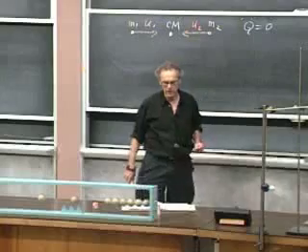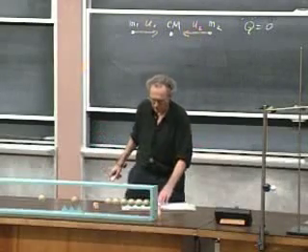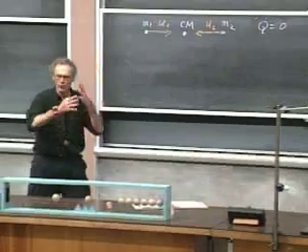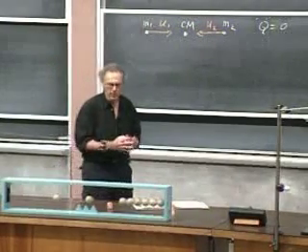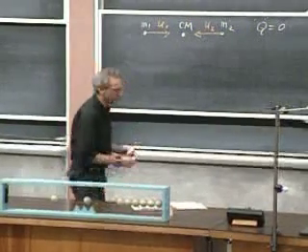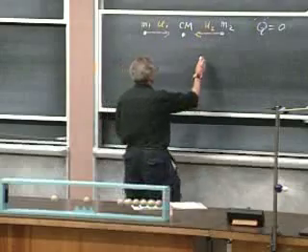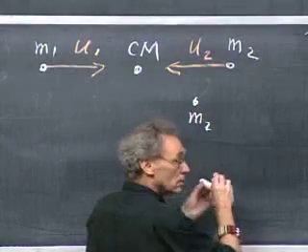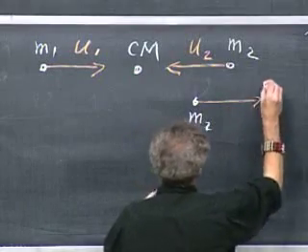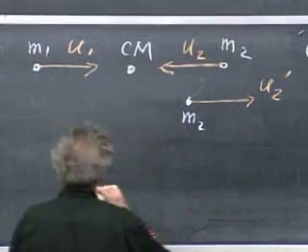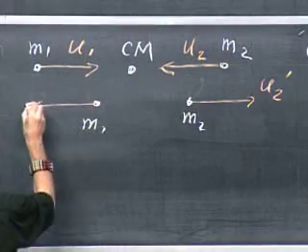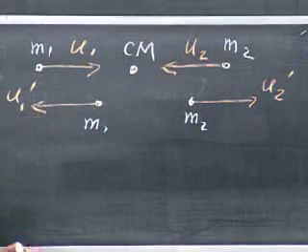That means Q is zero, the kind that we have just discussed. Momentum is not only conserved, but it is also zero at all moments in time, before and after the collision. After the collision, let's say m2 goes back with velocity u2 prime, and let's say m1 has a velocity u1 prime.